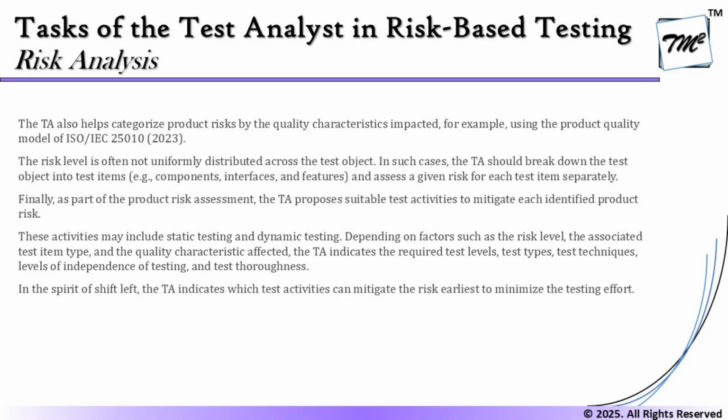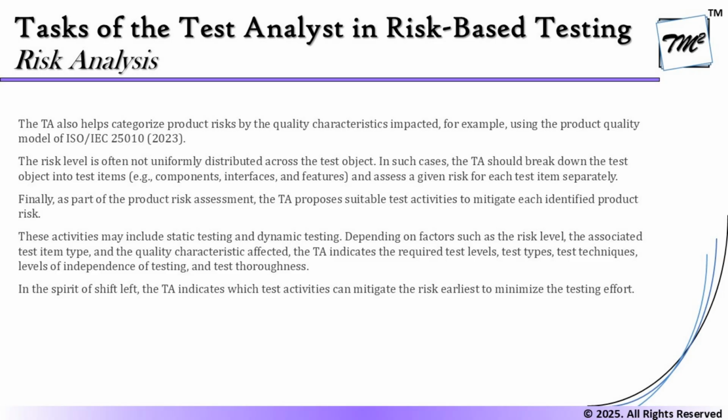Additionally, these activities may include static testing and dynamic testing, depending on factors such as risk level, the associated test item type, and the quality characteristic affected. The test analyst indicates the required test levels, test types, test techniques, level of independence, and the required thoroughness of testing. So in simple words, these are proposed solutions.